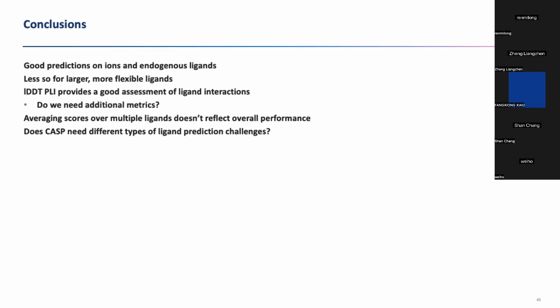Two questions. Yes, thank you for the great talk. Speaking of the first time, it's fun turning the clock back to CASP2, year 1996. It was a ligand protein docking prediction category. It was fun.